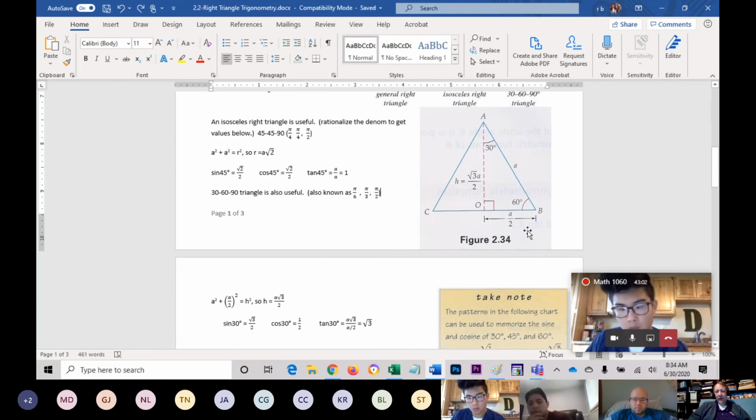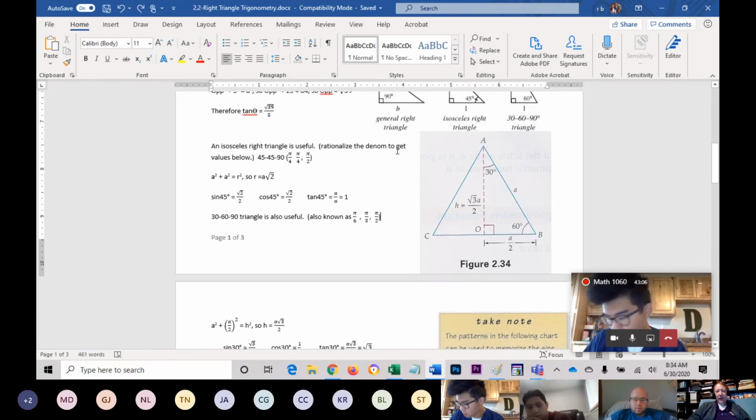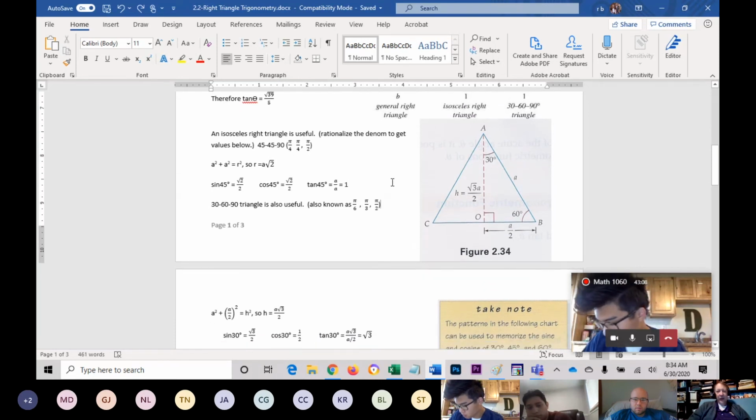As we go down here, we can do the same sort of thing I just did with the isosceles right triangle. Our hypotenuse in this case is already going to be A, and we're trying to find the side h, the height of my triangle.